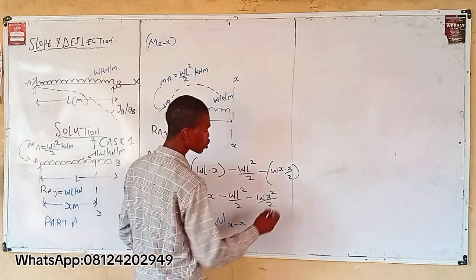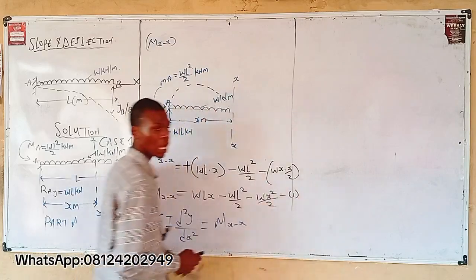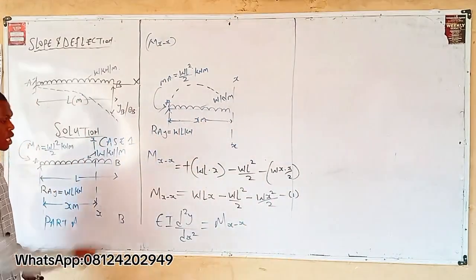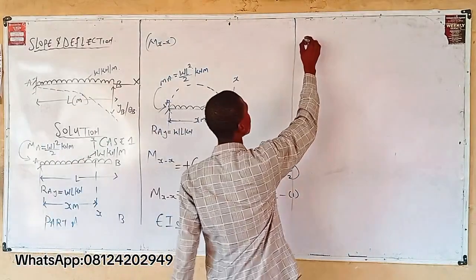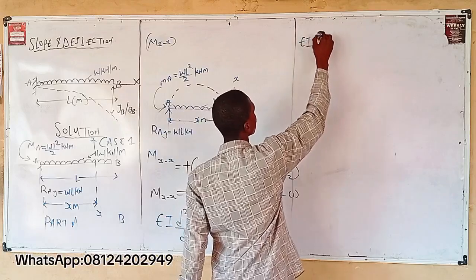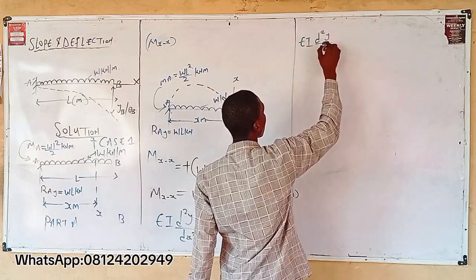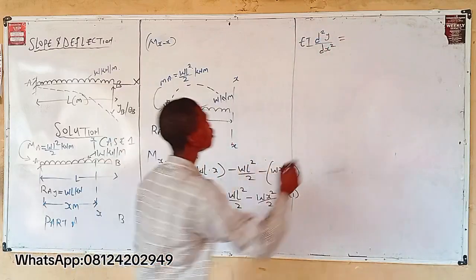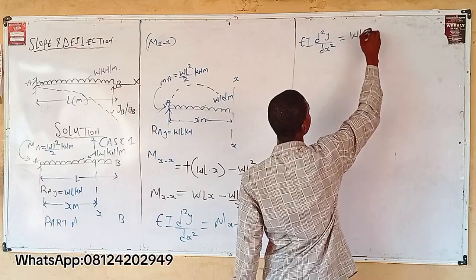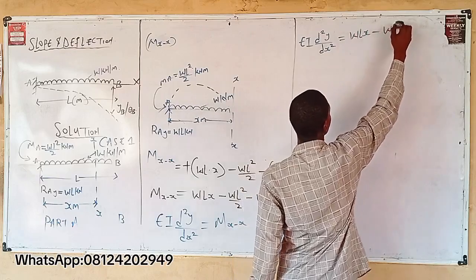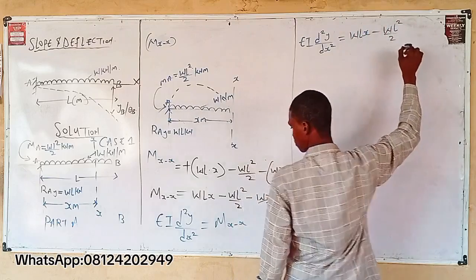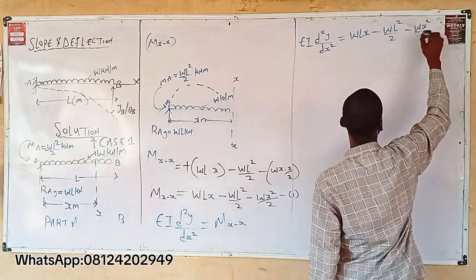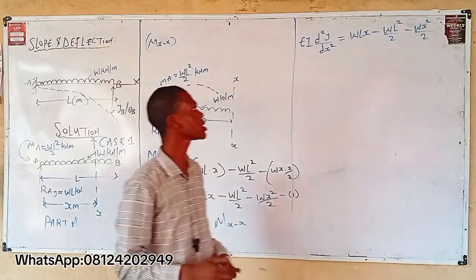Okay, let's call this equation 1. Now let's substitute. EI d squared y over dx squared is equal to WLX minus WL square over 2 minus WX square over 2. Now, what's the next step?